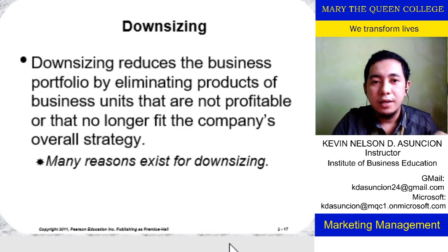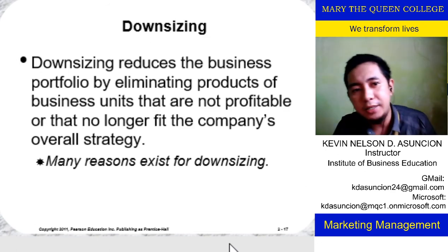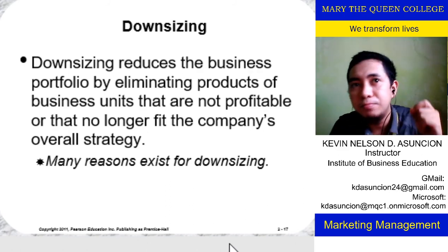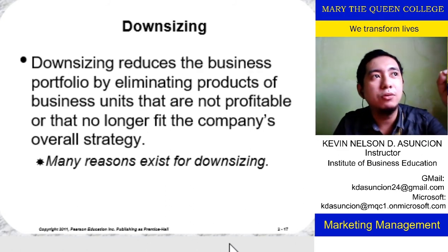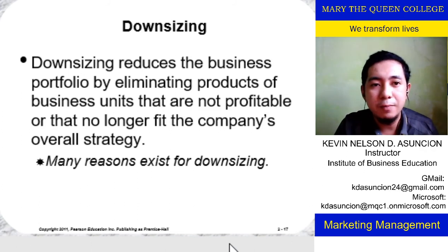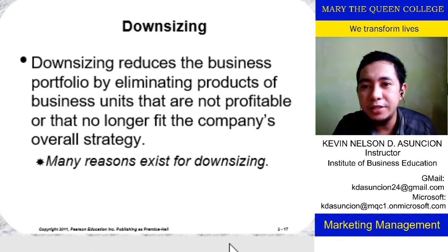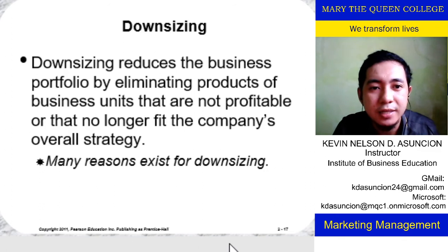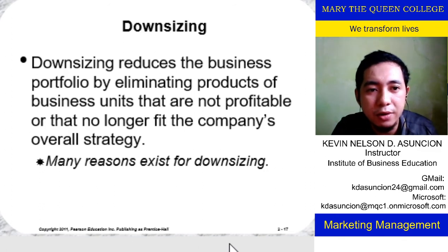Okay? Meantime, suppose that you are not having a good take of what is happening. Some others are using downsizing. What is downsizing? Downsizing reduces the business portfolio by eliminating the product or business units that are not profitable or that no longer fit the company's overall strategy.